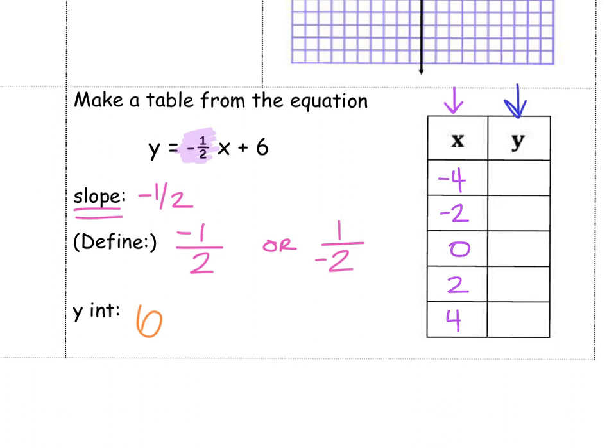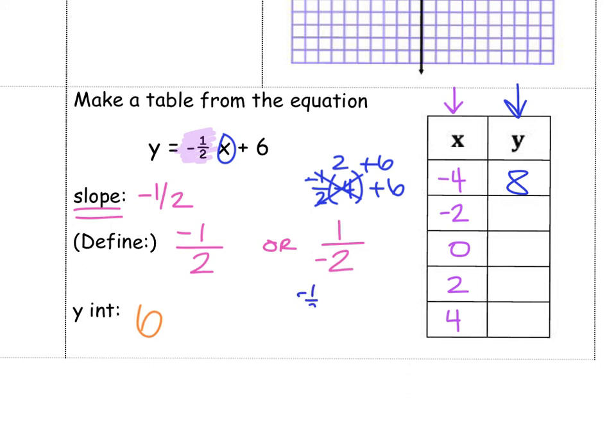To find the corresponding y values, I simply plug the x into my equation. So I'm going to plug a number into that spot. So for -4, I'm going to say -1/2 times -4 plus 6, and then I have to do the math. -1/2 times -4 is +2. 2 plus 6 is 8.